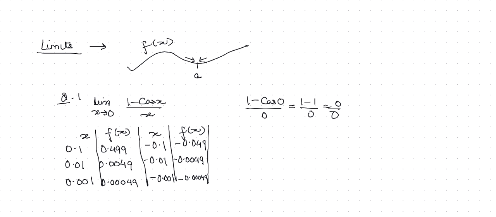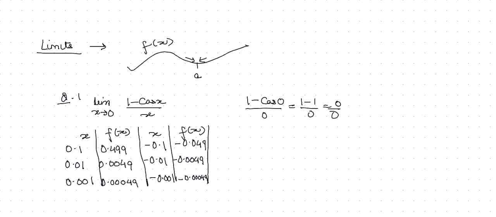Okay, so we see that the function is moving towards the value of 0 as x moves towards 0 from both sides.